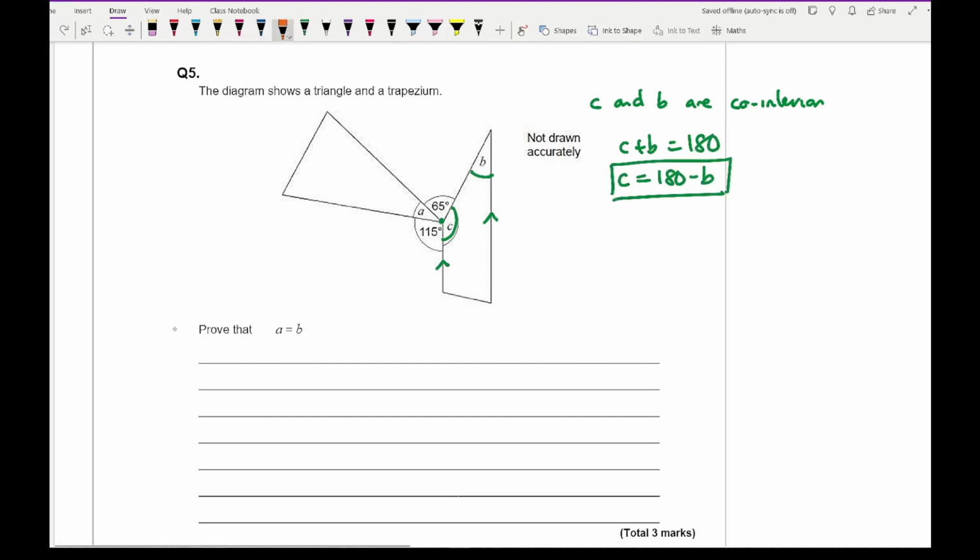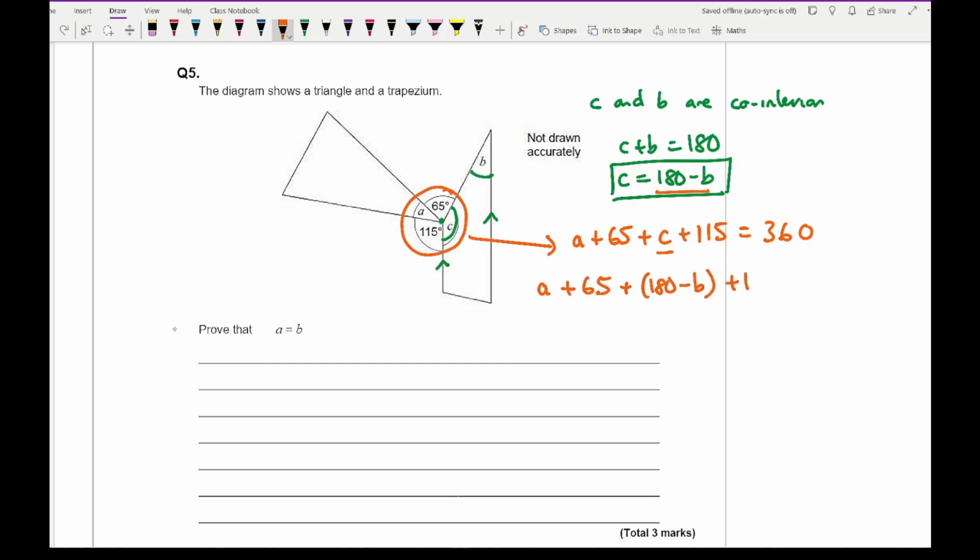Then using this key property here, what I've got is A plus 65 plus C plus 115 equals 360. Now instead of writing C, I'm going to write 180 take away B instead. So I've got A plus 65 plus 180 minus B plus 115 equals 360.